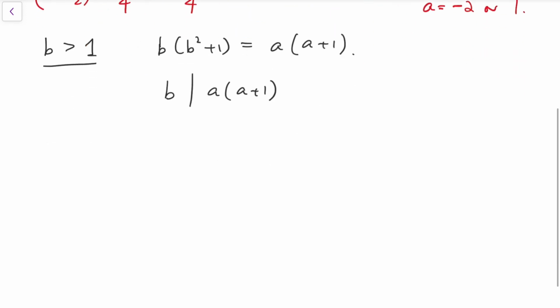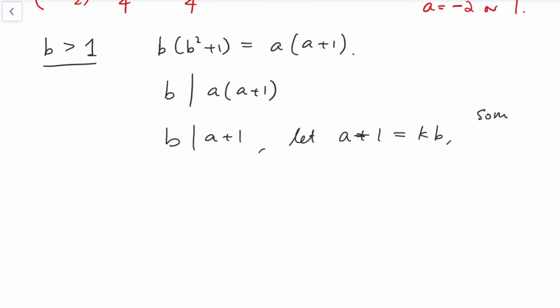And since b is co-prime with a, that means b only divides a plus 1. And so I can let a plus 1 equal k times b, some integer k, and so a equals kb minus 1.